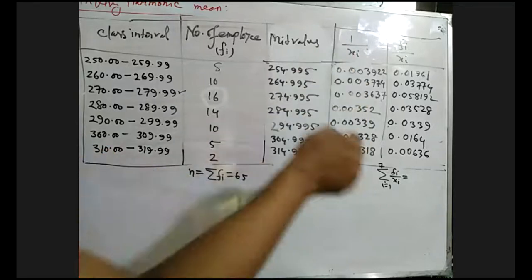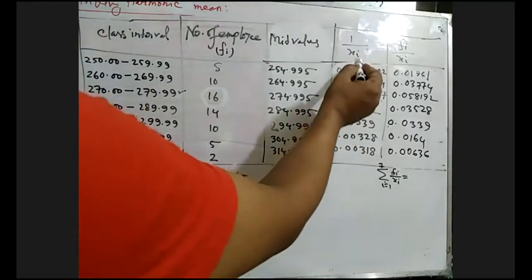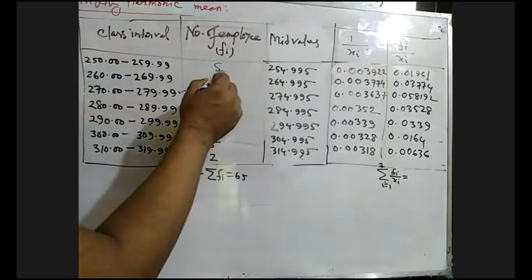After taking this column, you have to multiply it with the respective frequency.